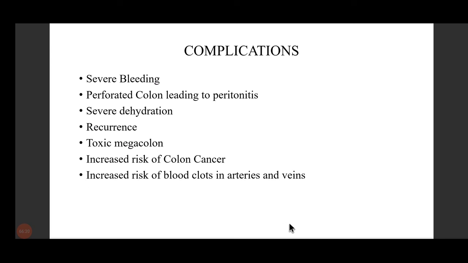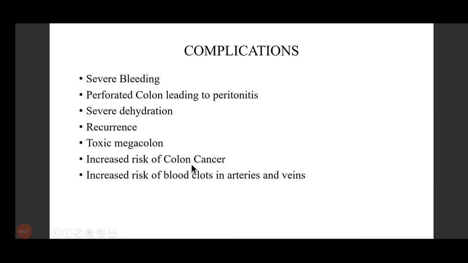Then complications: a perforated colon can lead to peritonitis, severe bleeding, and severe dehydration. Recurrence is very common in ulcerative colitis. Toxic megacolon, which you have seen in the previous slide where we were differentiating between Crohn's and ulcerative colitis, can be there in ulcerative colitis more than Crohn's.